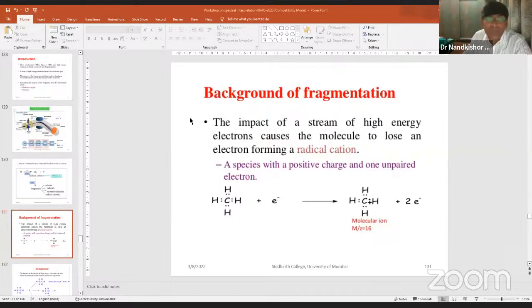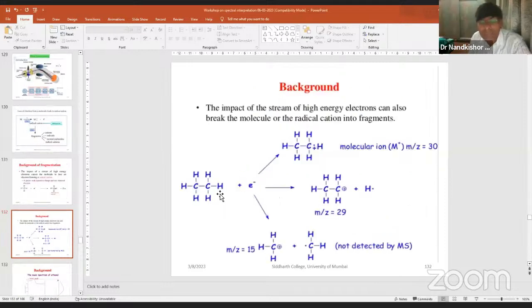Now, if you see another example, look here at ethane. When this ethane is bombarded with a single electron, it loses one electron. This overall molecule becomes ionized. Now this ionization may take place at the carbon-hydrogen or maybe the carbon-carbon bond. This depends. Suppose we consider this ethane molecule is ionized at this carbon-hydrogen bond.